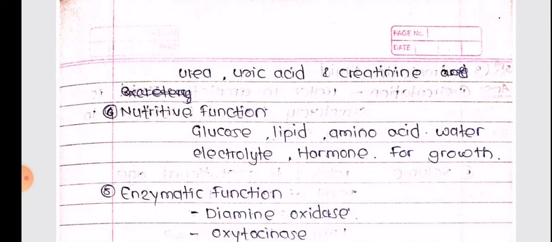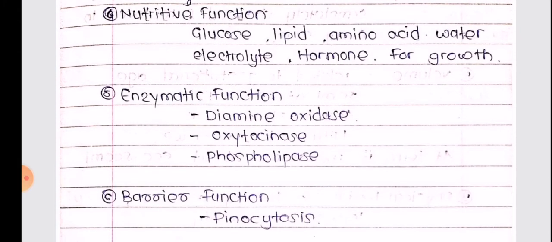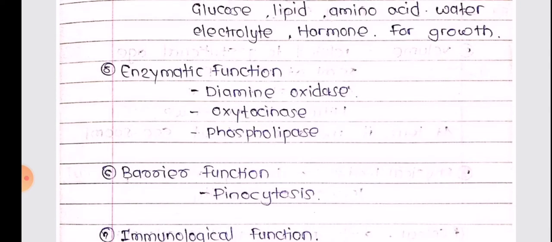Nutritive functions. It provides glucose, lipid, amino acid, water, electrolytes, and hormones for the growth of the fetus. Enzymatic functions: it contains diamine oxidase, oxytocinase, and phospholipase, which are again some important enzymes needed for different biochemical reactions.